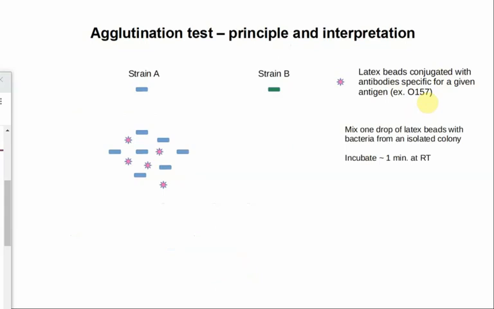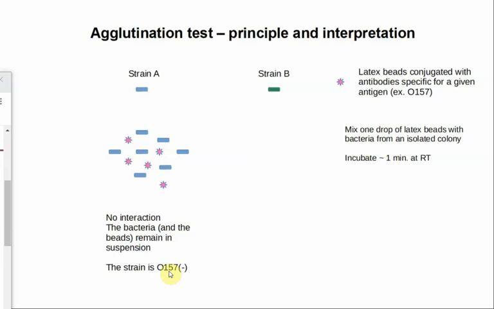temperature. So if the antigen is not present on the bacteria, the latex beads are not going to bind to the bacteria, and they all stay in suspension. So there's no interaction. So this strain will be O157 negative.